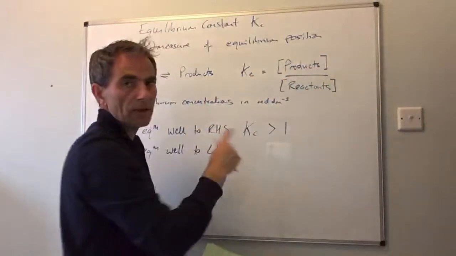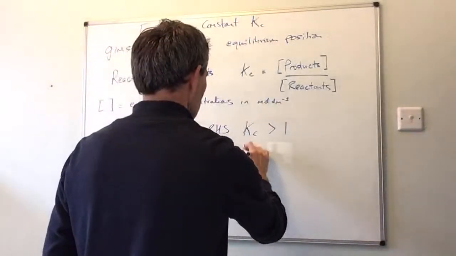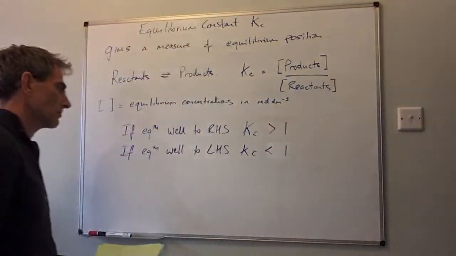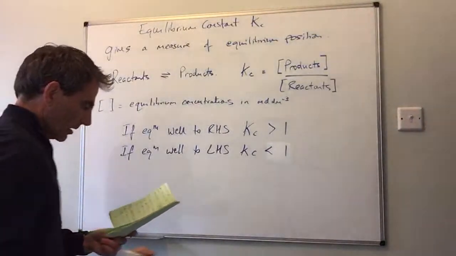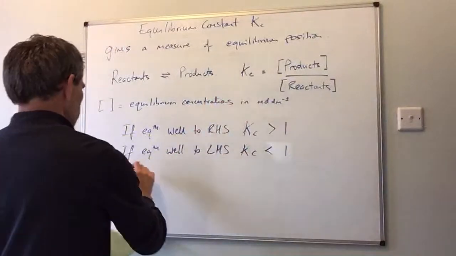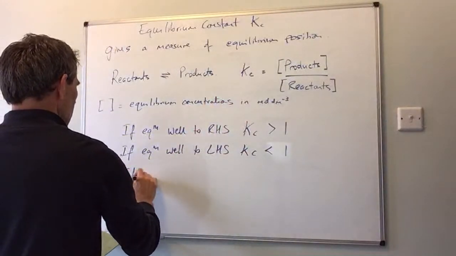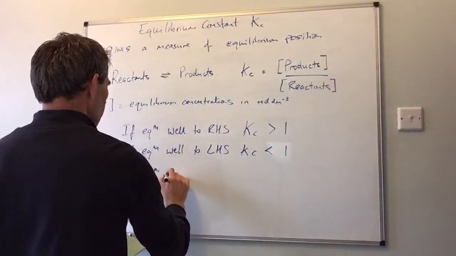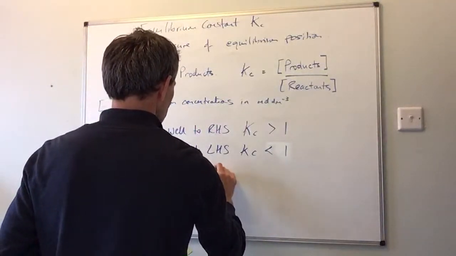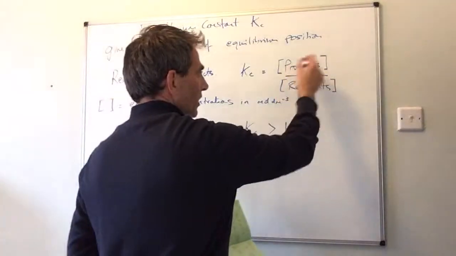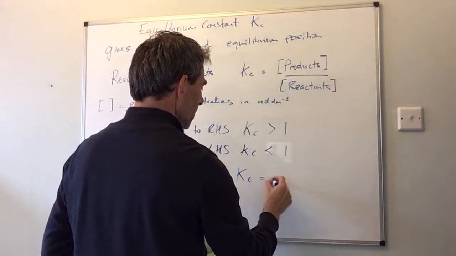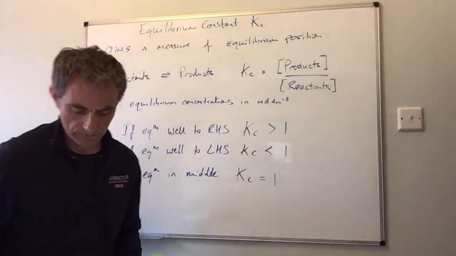So Kc is going to be less than 1, okay? Kc is less than 1. And imagine if the equilibrium was in the middle, so these are roughly the same, Kc would equal 1.